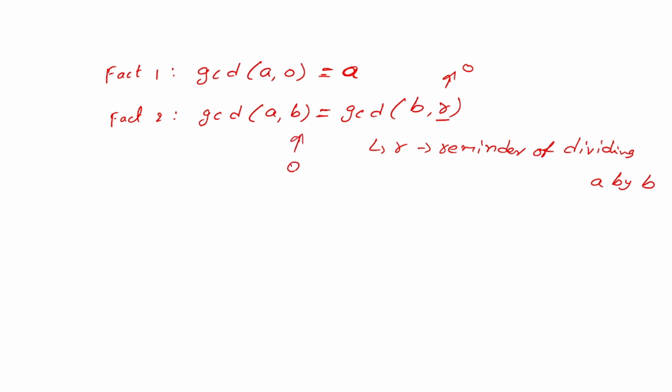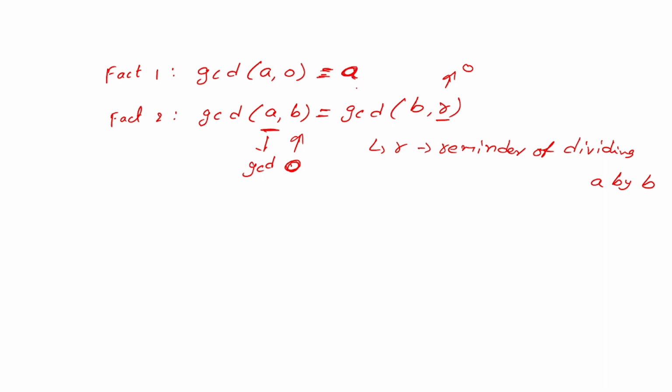Whenever the second value is 0, you take the first value as the GCD. Understood? So fact 1 is GCD of a comma 0 is equal to a. The second value is 0, that's why we take a as the GCD.